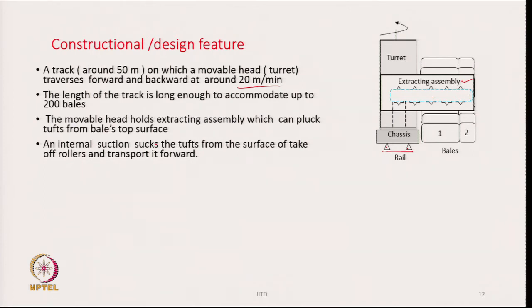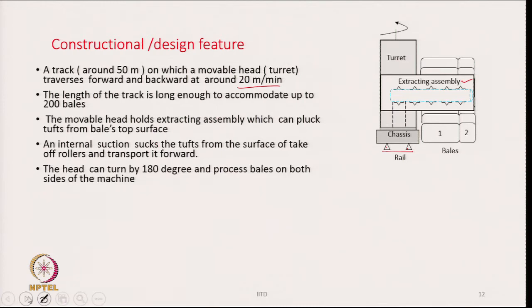An internal suction within this turret sucks out the plucked tufts and transports them to the next machine.